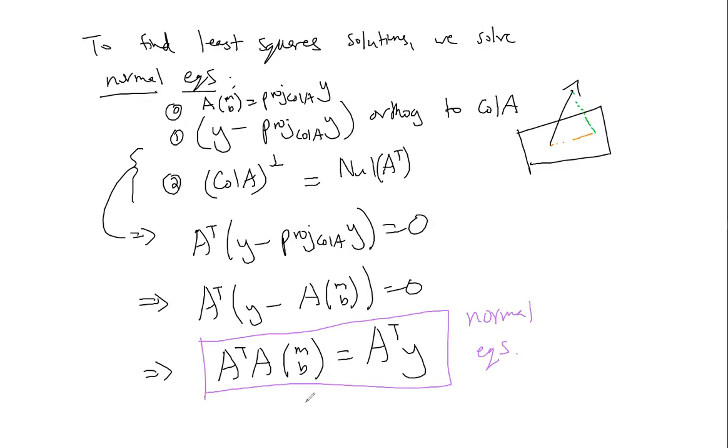You just solve a single linear system. You're given y, you're given A, you can calculate everything here, and you solve for m and b. So let's do an example. I'll write that again up here. In general, the normal equations are A transpose A x equals A transpose y. We solve for x.